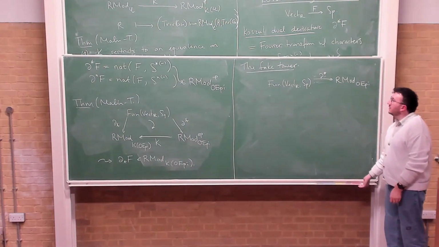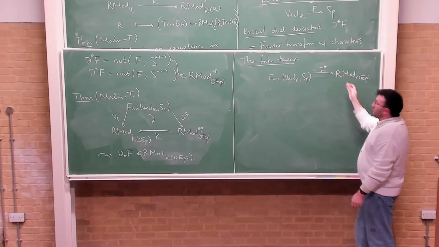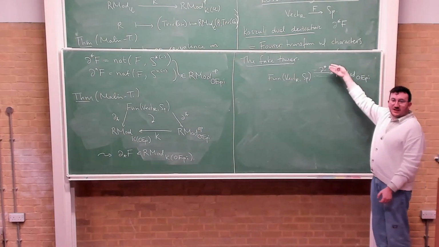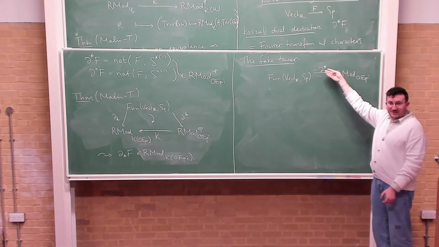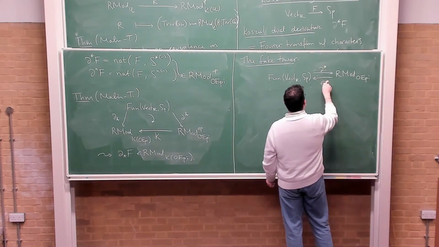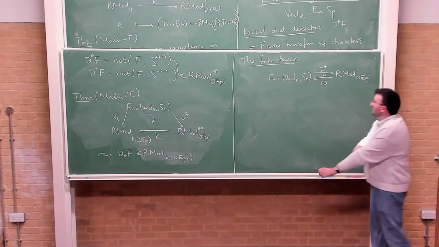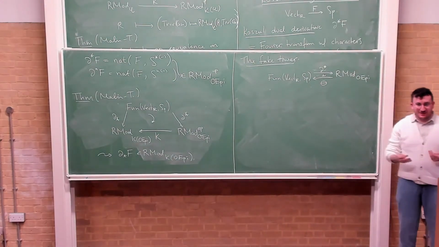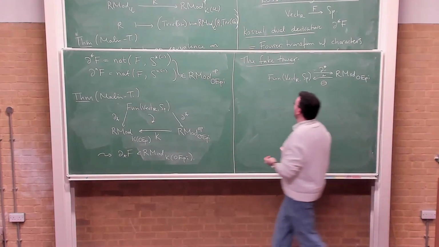Okay, so I have this functor taking Koszul dual derivatives. Now I've drawn it raised up a little, which indicates that it has a right adjoint. So what I can do is look at the unit of this adjunction.